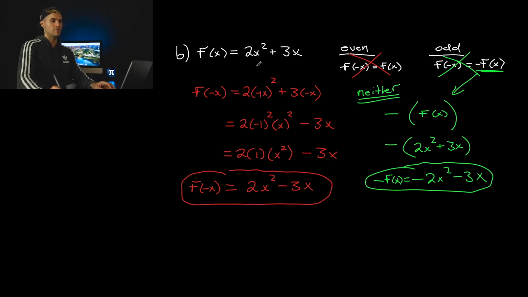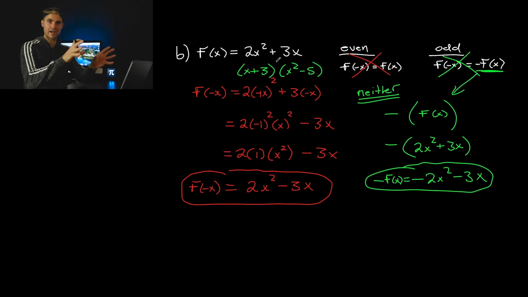One thing you could tell, like a quick shortcut, and you still have to show the work, but it is useful, and I mention it in other videos as well, is that for polynomial functions in particular, ones that are expanded, not ones that are factored, like x plus 3 times x squared minus 5, for example, a polynomial that has factors that are multiplying, which we'll go through in the polynomial functions unit.